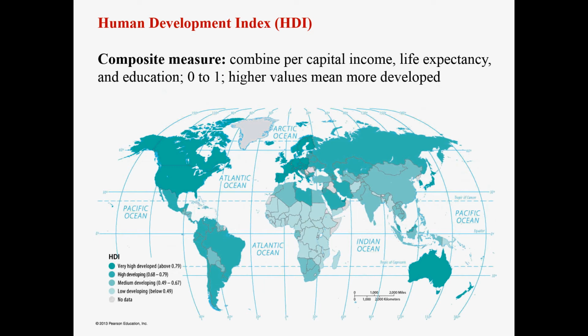How does the index work? It runs between 0 and 1. The larger the index value, the more developed a country is. So on this map, we can really get a sense of what countries tend to have a higher human development index by looking at the shades of colors of different countries and regions.